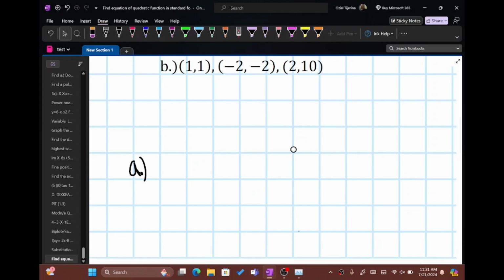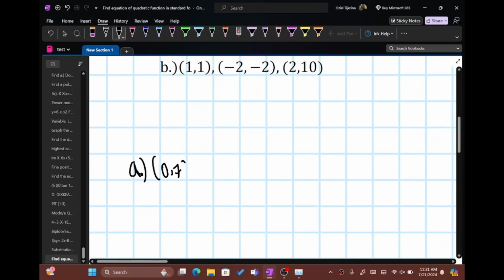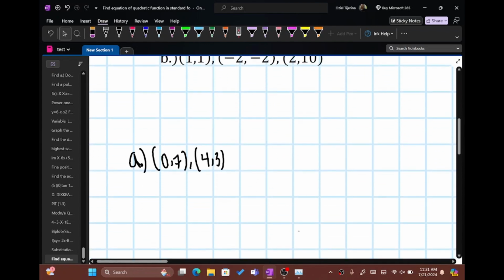Here we have the points (0, 7), (4, 3), and (2, 1).